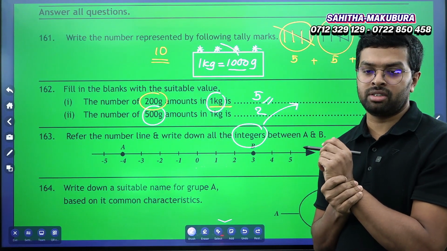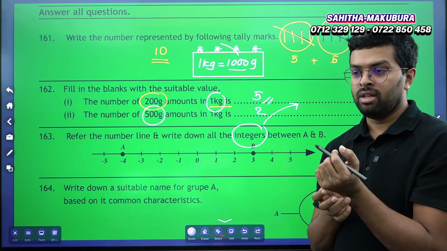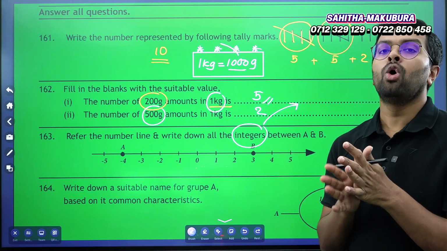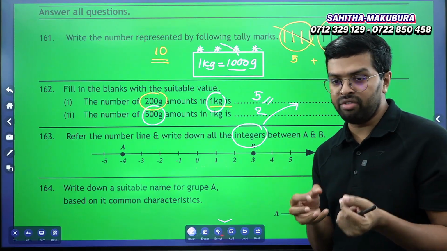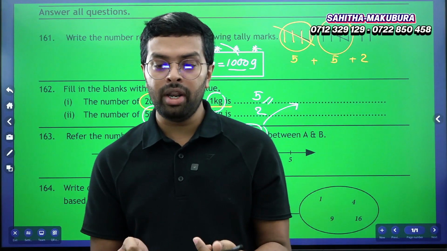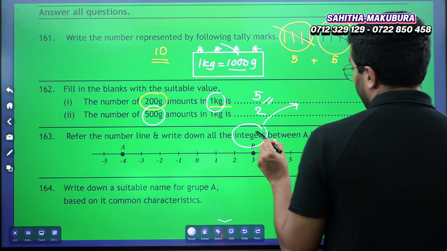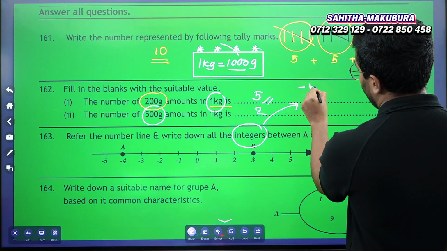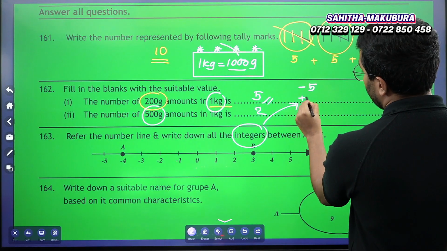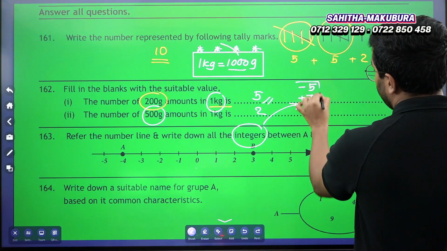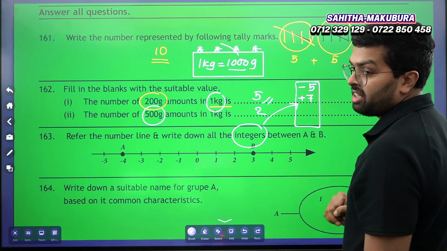In grade 6, we understand integers as whole numbers, negative or positive. For example, negative 5 is an integer, positive 7 is an integer. Any whole number is considered an integer.